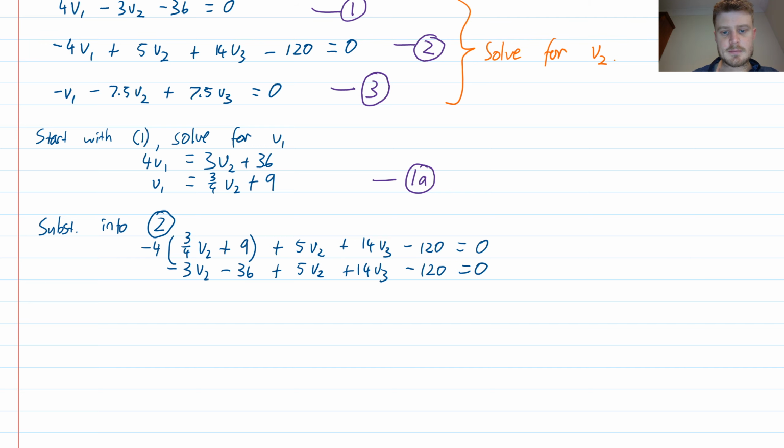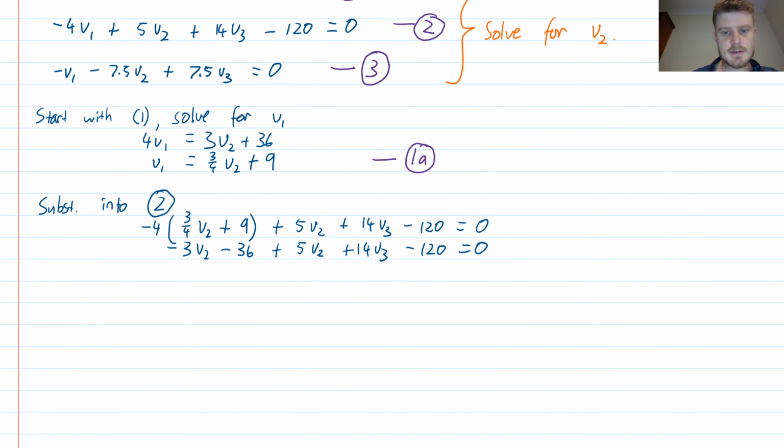And then a little bit more simplification that I can do. So I have like terms on the v2, so that will leave me with 2 v2 plus 14 v3 and 120 combined with 36 will give me minus 156.